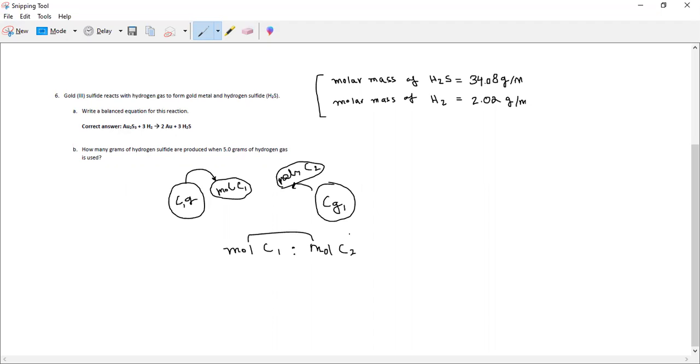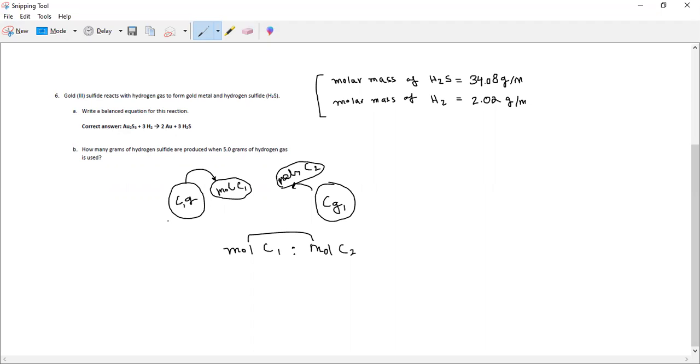And of course, this happens proportionately with the amount of grams that we're given in the question. It's not just completely random. Once we have this ratio, moles of C1 is to moles of C2, C being the compound, we can work our way through to grams.